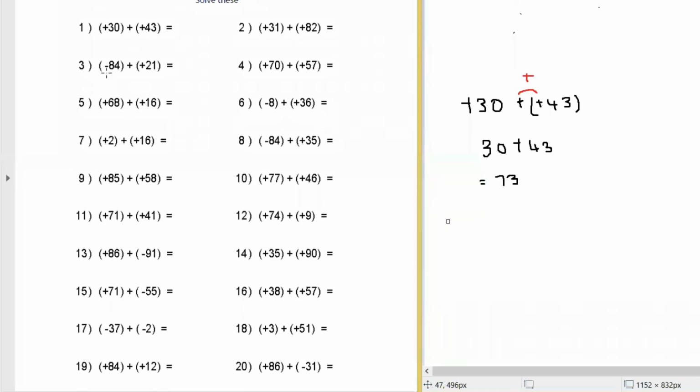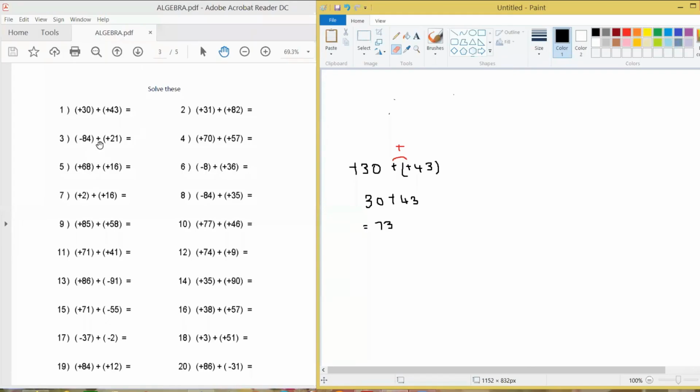Here you have negative 84 plus, plus. Again, in a case like this, you are going to use your multiplicative rule where you have positive by positive gives us a positive. So in this case, you should have negative 84 plus 21.